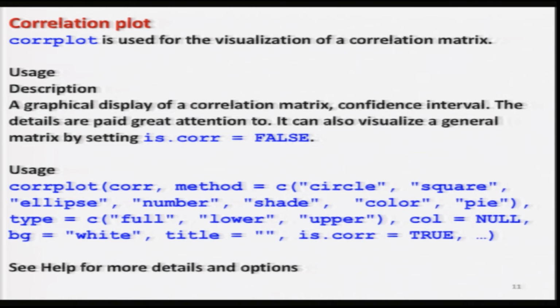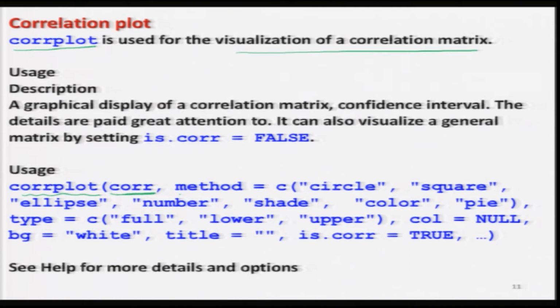Just for a quick review, this correlation plot is obtained by the command corrplot, which is used for the visualization of the correlation matrix. The main command is corrplot, and then there are different options. Here corr is the correlation matrix that you want to plot.